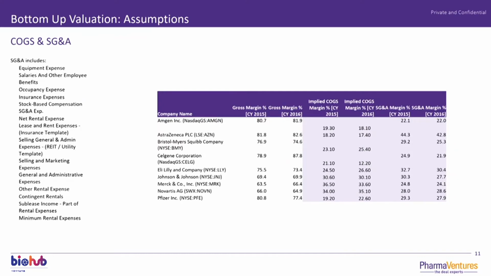What you can do is look at what other companies' typical cost of goods are and what other companies' typical SG&A rates are, and these are some big pharma ones, and you can get these from their published documents, and use similar figures. So you can see in 2015, the SG&A margin of these typical companies was in the range of 20 to 30% of their revenues, and similarly in the following year.